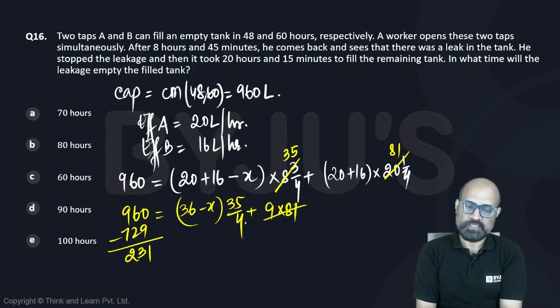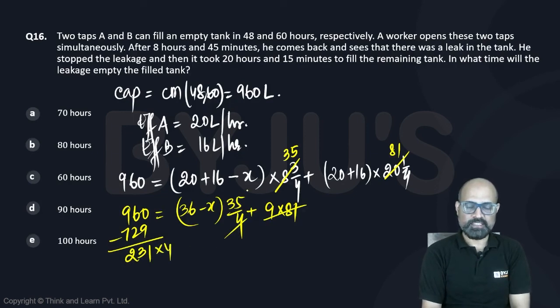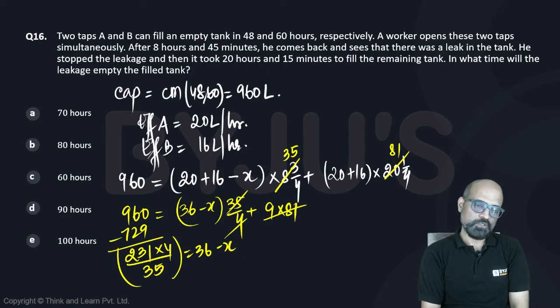Now this 4 will go and multiply on the other side, and this 35 will divide. That is going to be equal to 36 minus X. Now 35 is in the table of 7, and so does 231. This is 7 into 5 and this is 7 into 33.